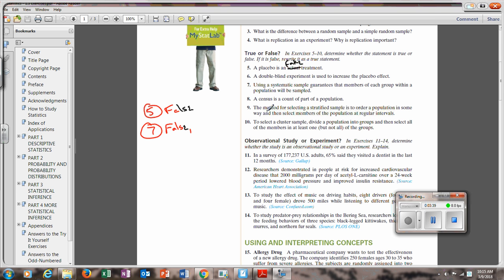The reason that's false is because there could be a recurring pattern in the data.